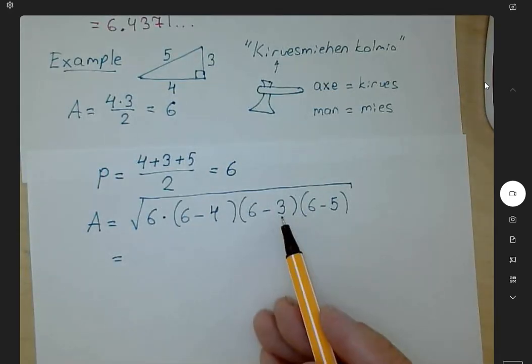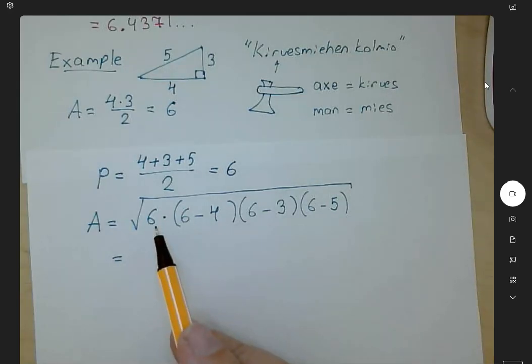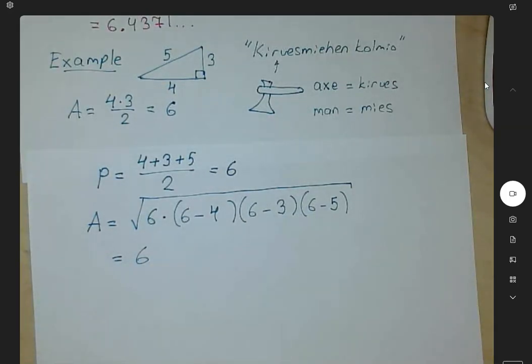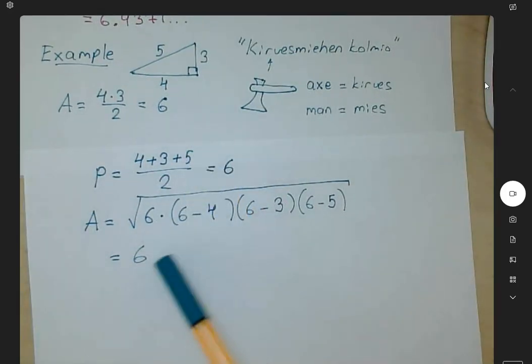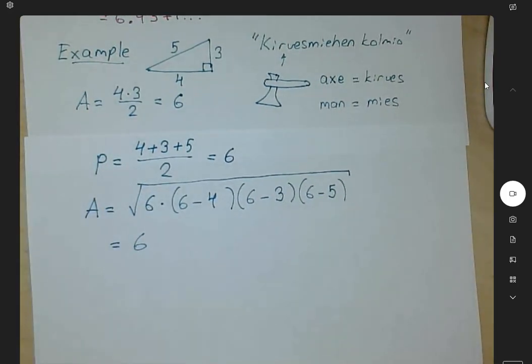This is 1, this is 2, 3, so 3 times 2 is 6, 6 times 6 is 36, and the square root of that is 6. A boring example, all numbers are 6's, but we got the same result. So maybe now we believe that this formula works also for not so easy triangles.